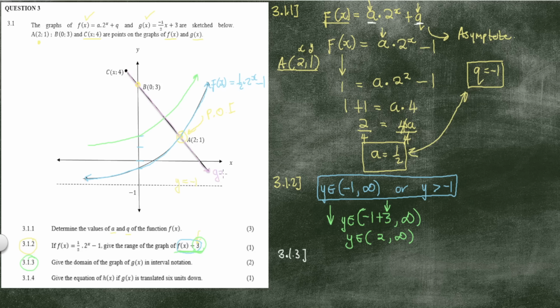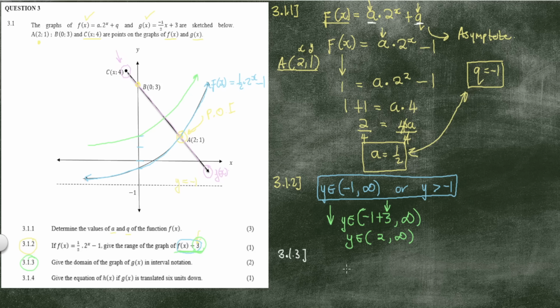But now, look at the endpoints of the line. The arrow simply means that the function continues to infinity. But at point C, it's where the graph stops. Maybe this could be the starting point, and then it goes like this all the way up to infinity.